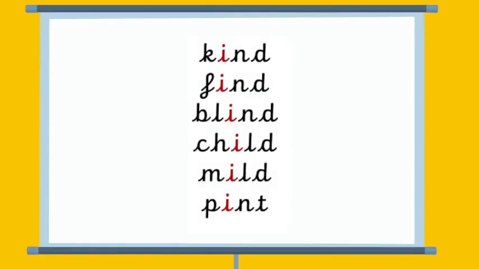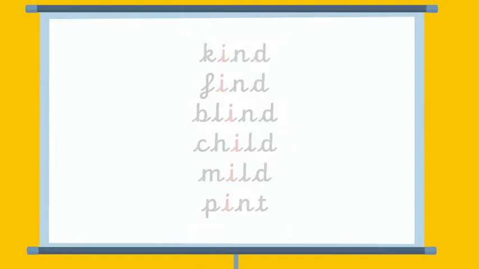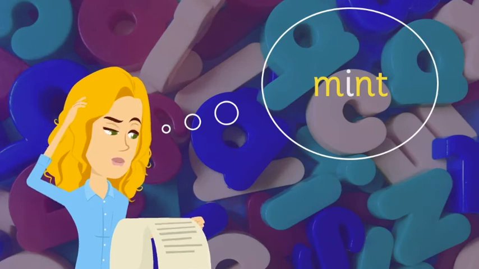For example, words like kind, find, blind, child, mild and pint. Mint would be a really good exception to avoid at this stage.